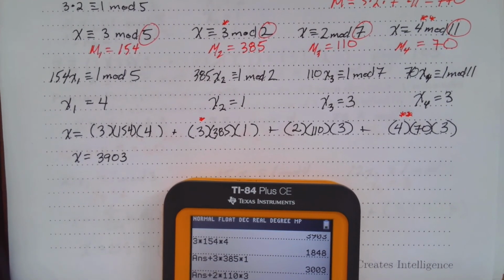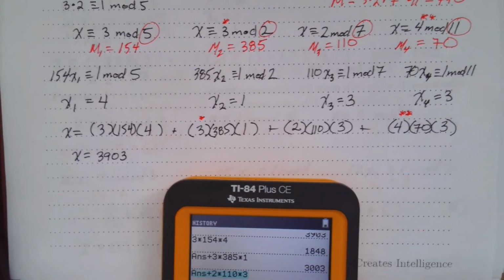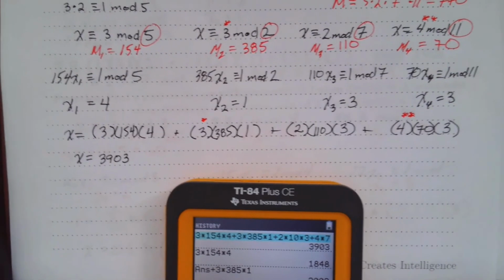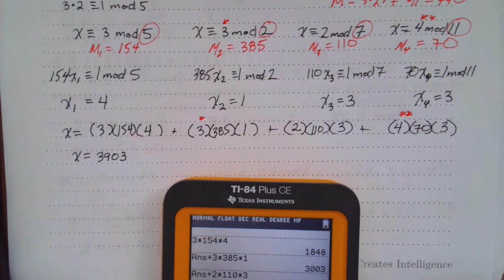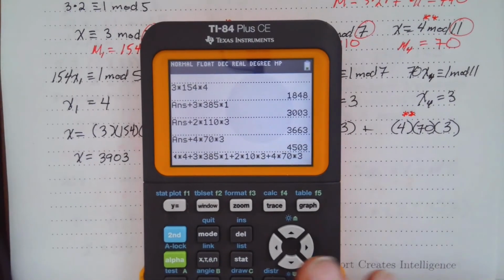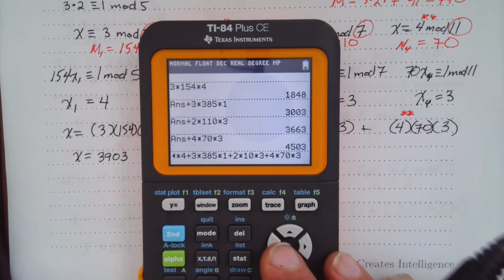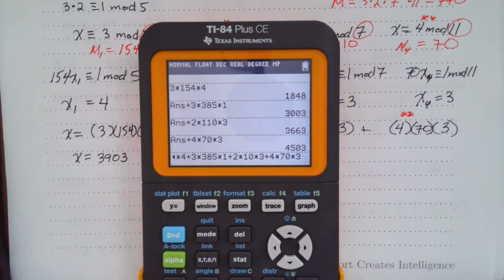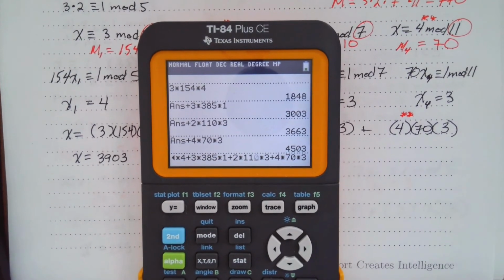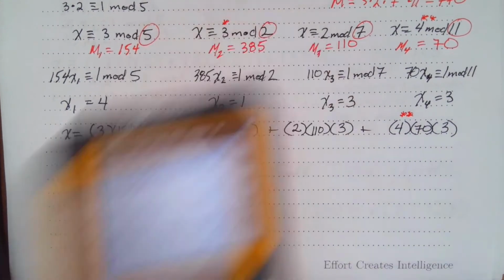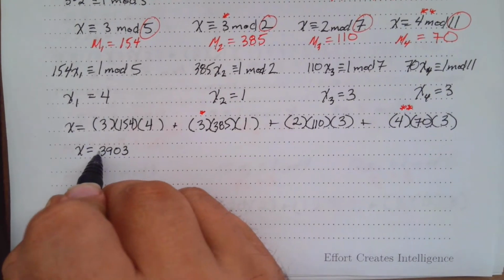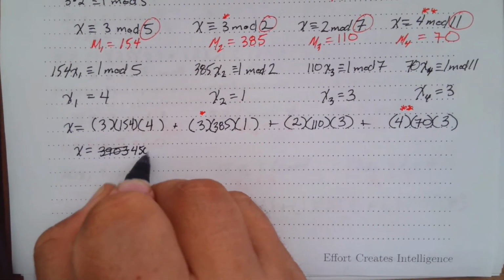Okay, so that's 4503. So we clearly may have made an error in our work, and it looks like there was our error right there. That was a 10 rather than a 110. So it is always useful to just double check your work. So I should have had 4503, right? Not 3903. So always double check.